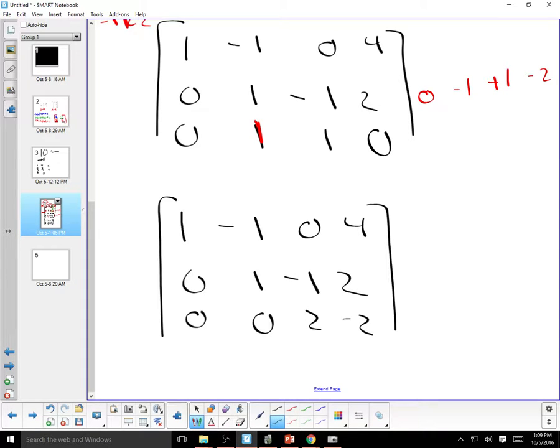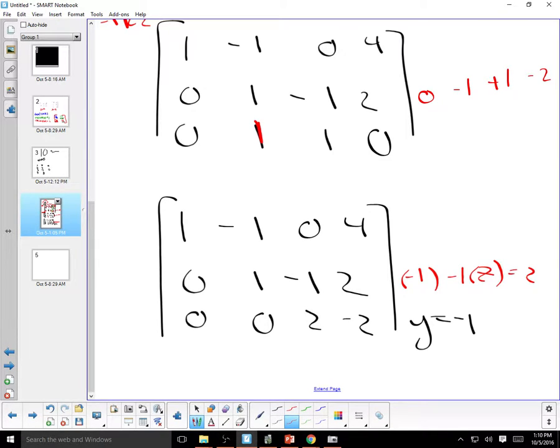I could finish it, but I already know that y equals -1, because 2y equals -2, which means y should be -1, right? Take that, plug it in here. So this one says y minus z is equal to 2.